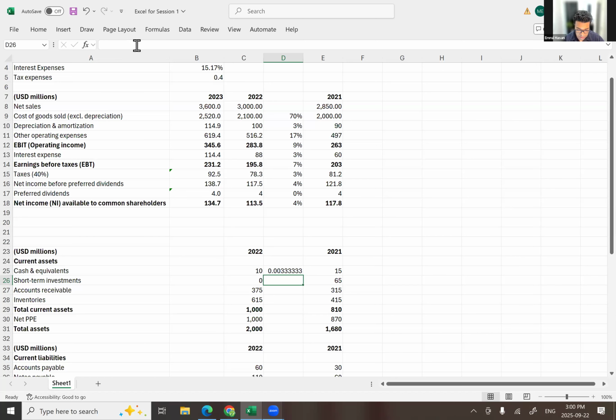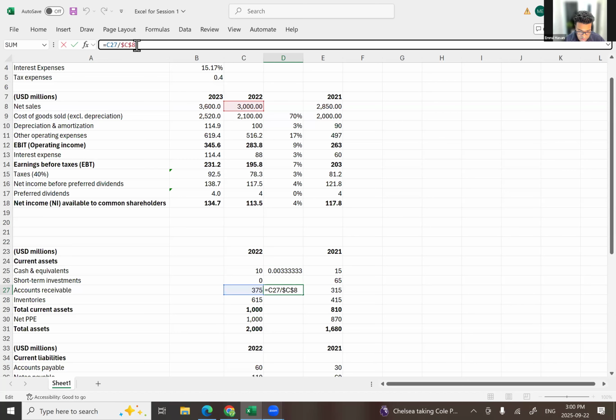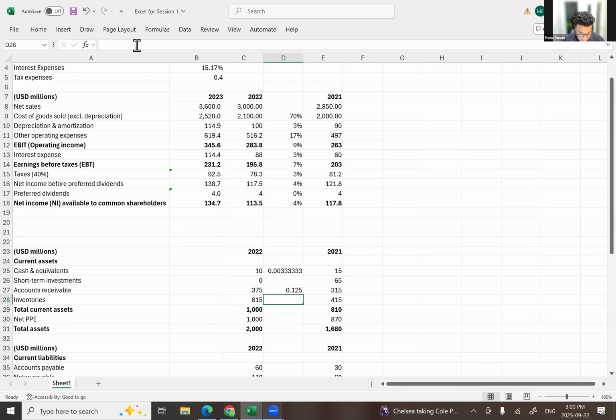So I'm going to make it constant. And same thing, I'm copying now. Same thing for accounts receivable. Also percentage of sales now. I'm just making sure it's correct. Inventories, also percentage of sales. Or you can again increase by 20%. I keep saying this, okay?